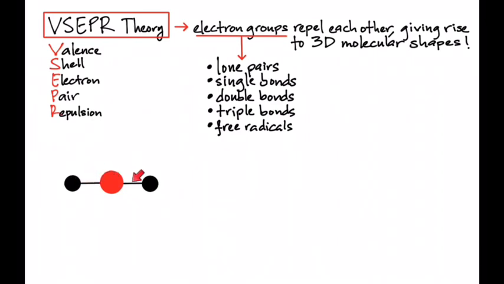And then this other bond right here, again, this could be a single bond, a double bond, or a triple bond, and this also counts as one electron group. So the total number of electron groups of the central atom would be 2. And with any molecule with 2 electron groups, the bond angle between the 2 terminal atoms will be 180 degrees.